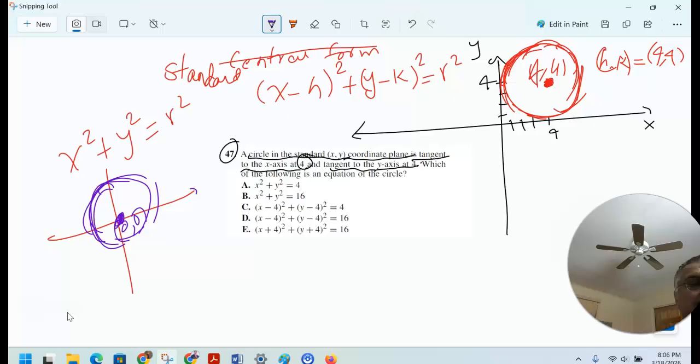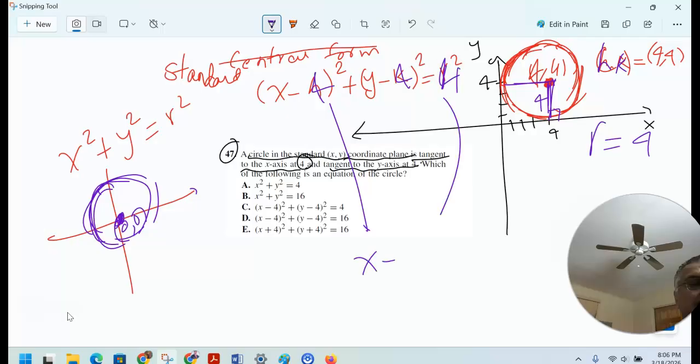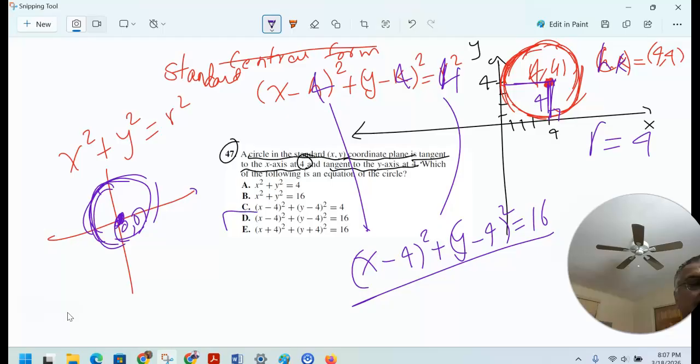So I'm going to plug it in. The h and k are 4 and 4, so this becomes 4 and this also becomes 4. At the same time the radius is also 4. So r is 4, and I put 4 here. The whole thing reduces to x minus 4 the whole square plus y minus 4 the whole square equals 4 times 4, which is 16, and that's the answer. D is the answer.